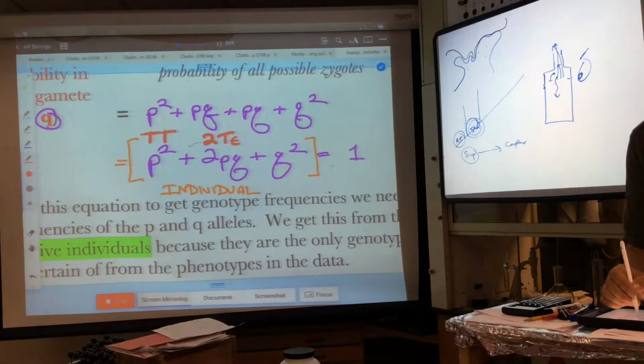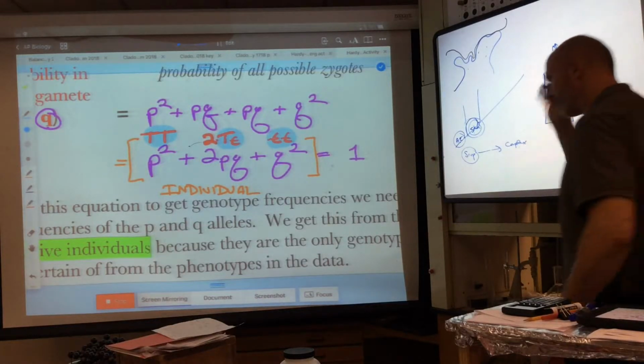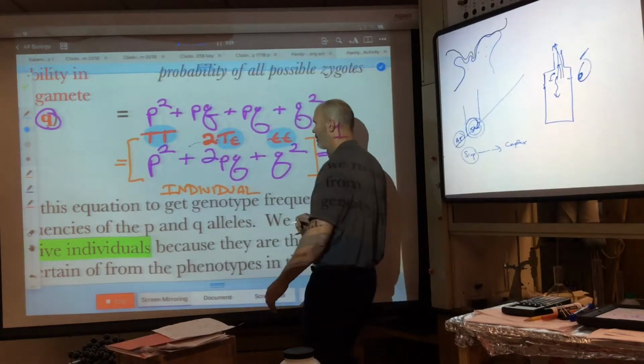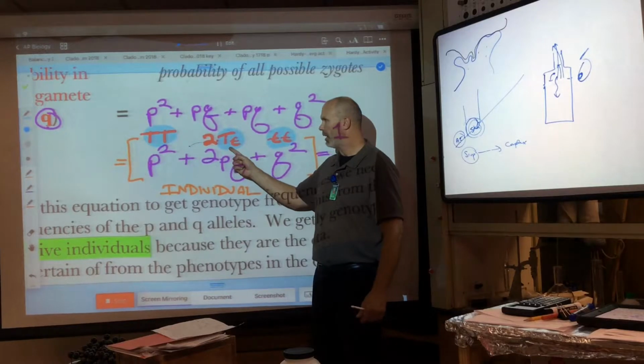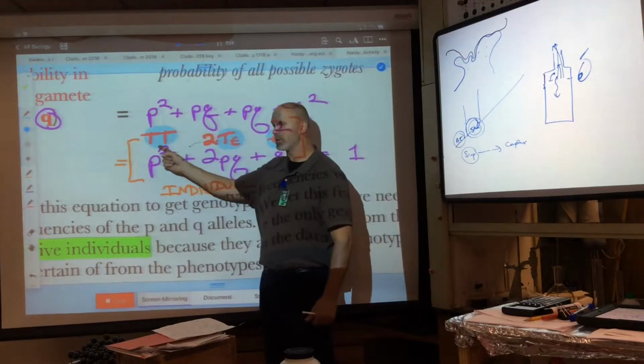And q squared, remember the q's represent the recessive allele, is the tt individuals. Don't forget the 2 is there to multiply it by 2 to make it even. But there are your 3 possible genotypes: either the homozygous recessive, the heterozygote, or the homozygous dominant.